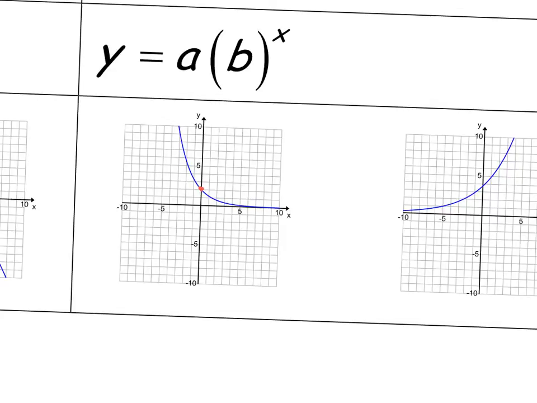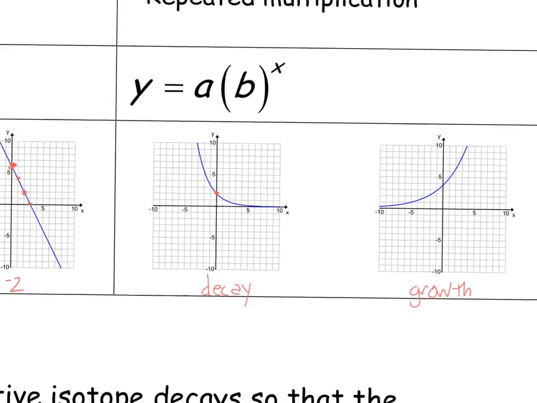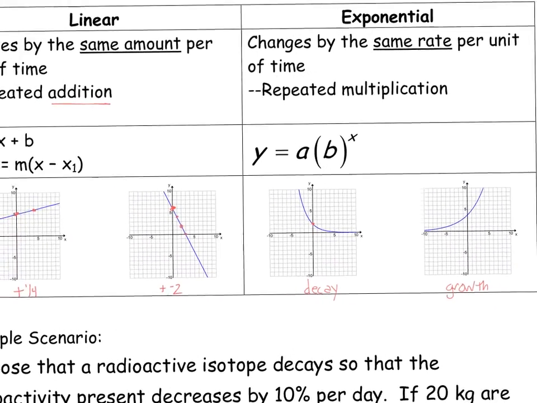So it went up 2 and we went down a certain percentage. So your graph would go, it looks like that. This would be decay, and the second one would be growth.